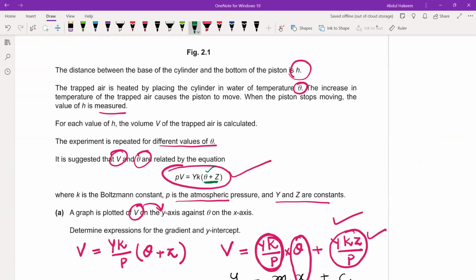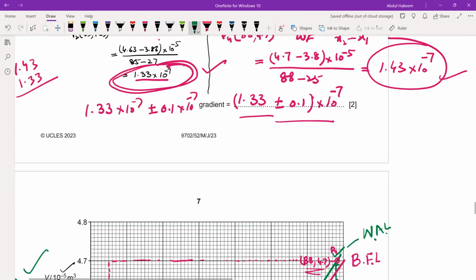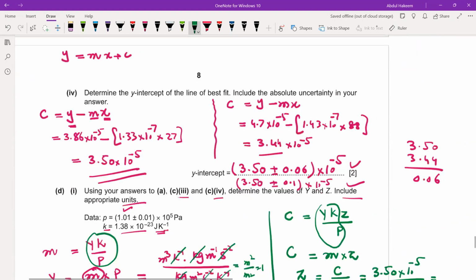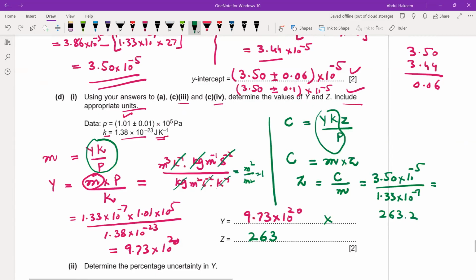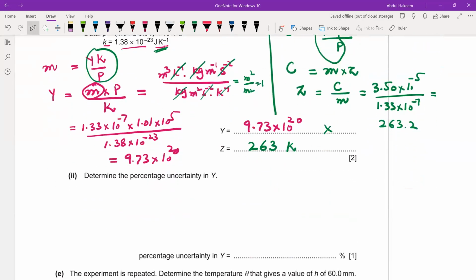So theta is temperature, so z is also temperature. But we use Kelvin in the calculation. Look, we are using Kelvin, so this is in Kelvin. If you have to change this into degrees Celsius, then definitely you can subtract 273 from it, so you will get the answer. So 263 Kelvin is the unit for this.